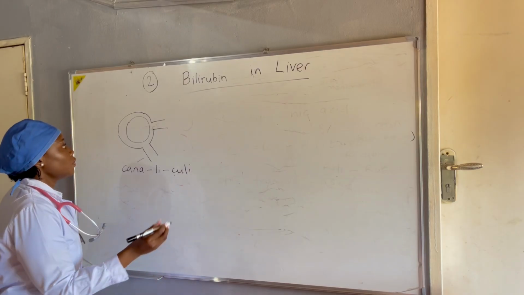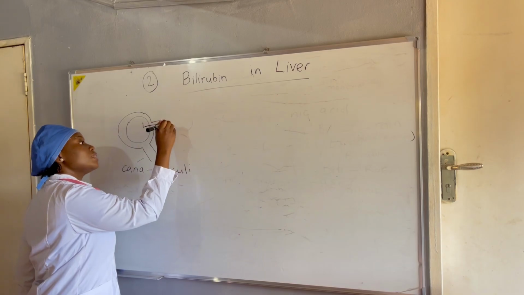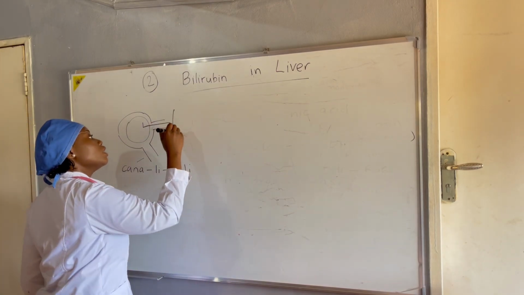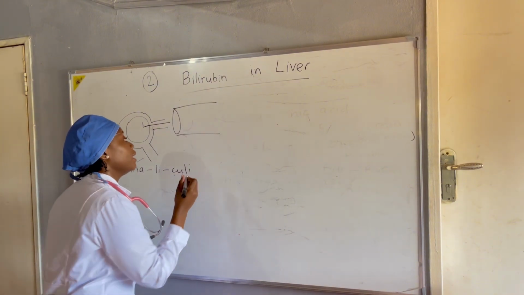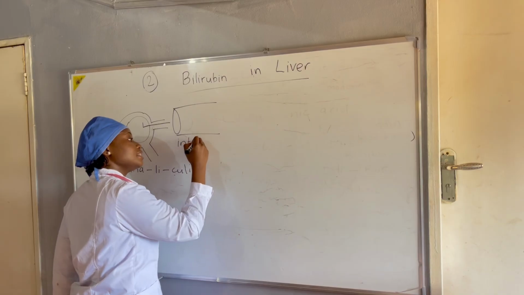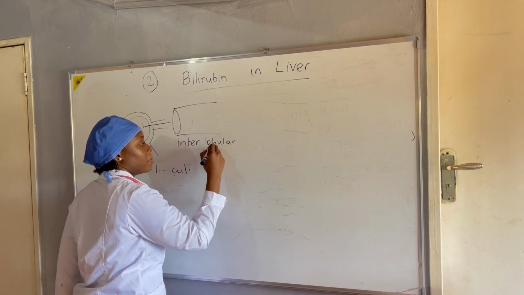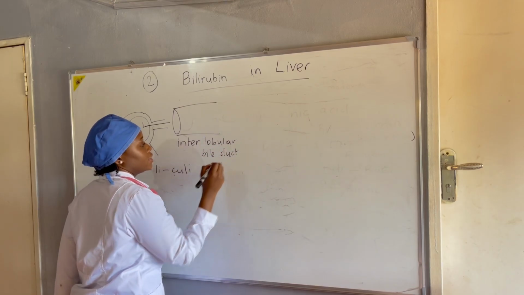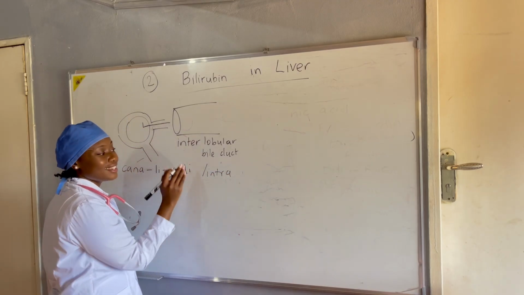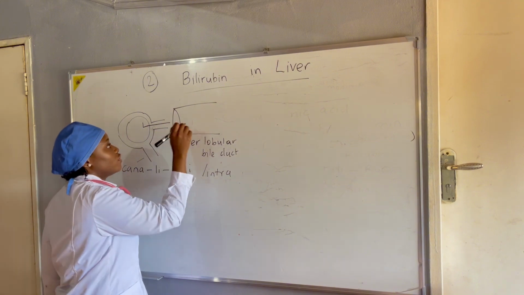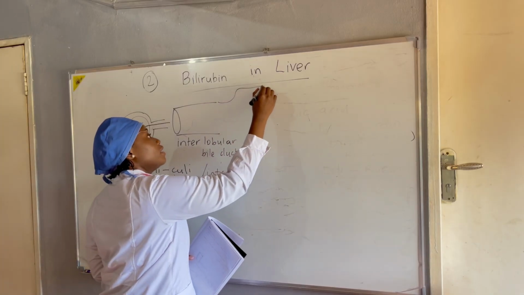So the bile, the bilirubin, will travel through these and enter into a different duct, which we call the interlobular bile duct, or the intra. So it could be inter, it could be intra, depending on where it travels. It doesn't really matter.